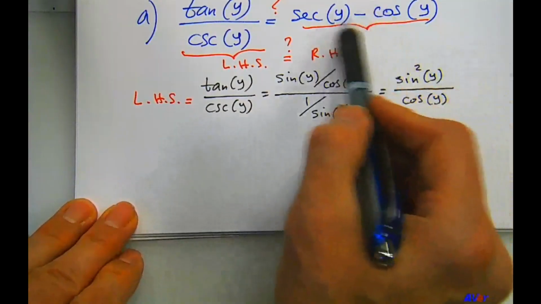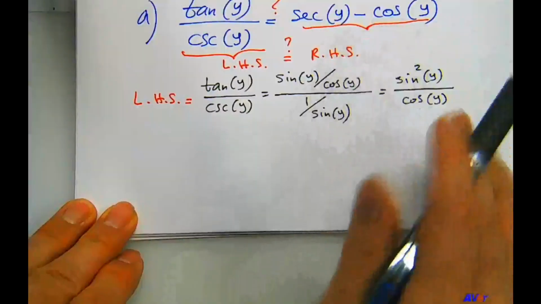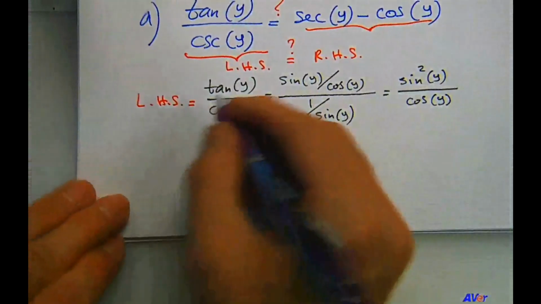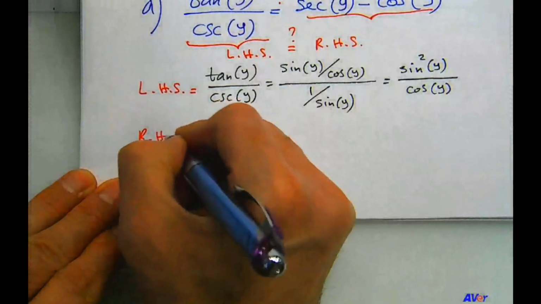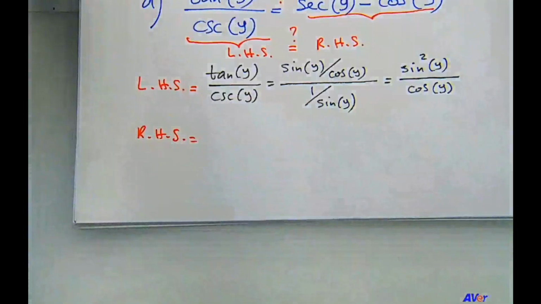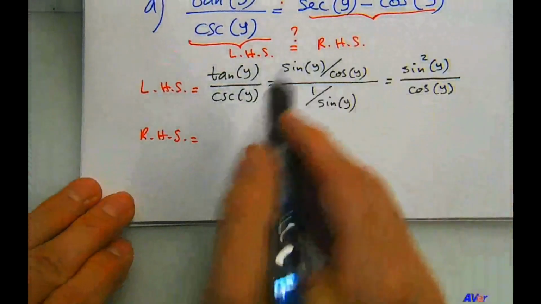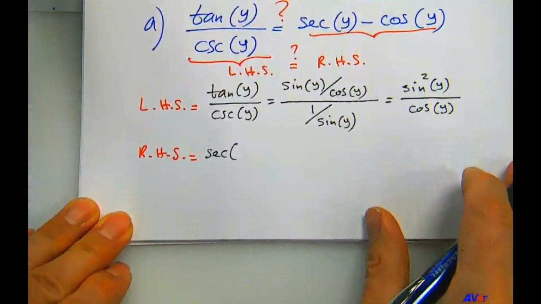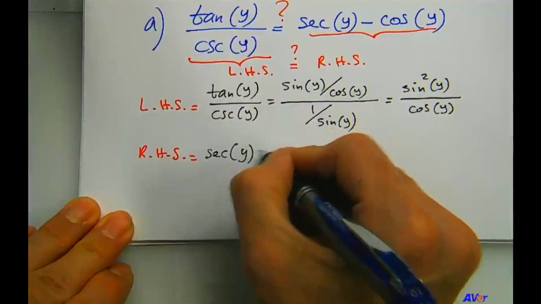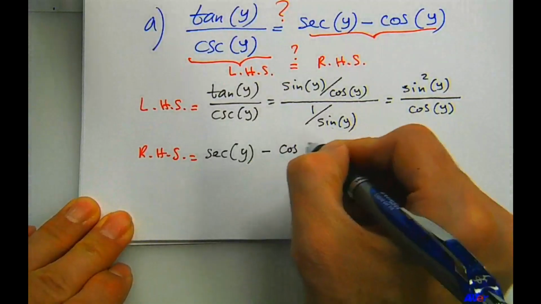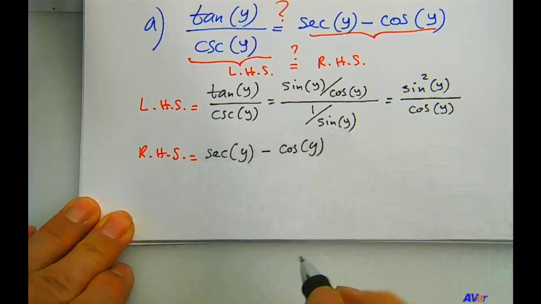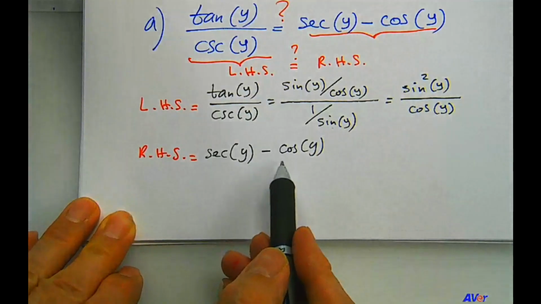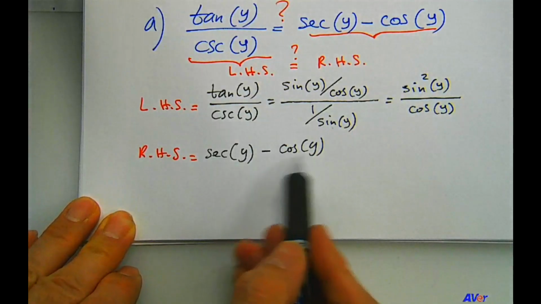Now let's see what we get by simplifying the right-hand side. So the right-hand side, or RHS, is equal to secant of y minus cosine of y. Cosine we can't touch, right? It's very basic, like the sine function.